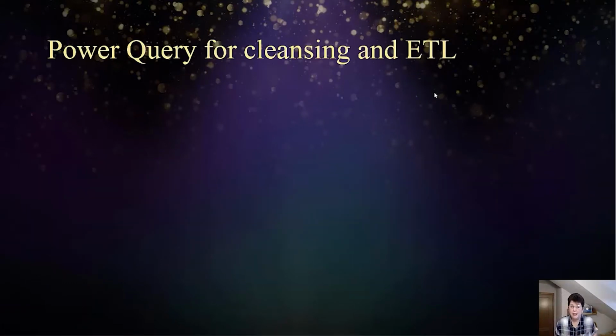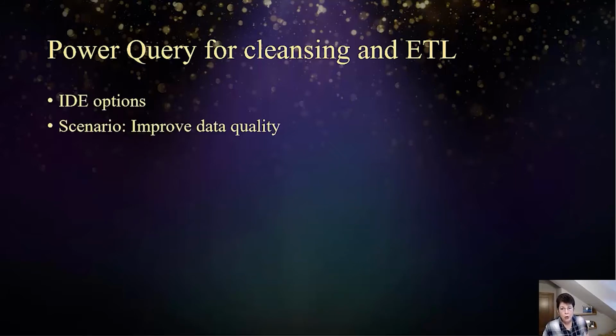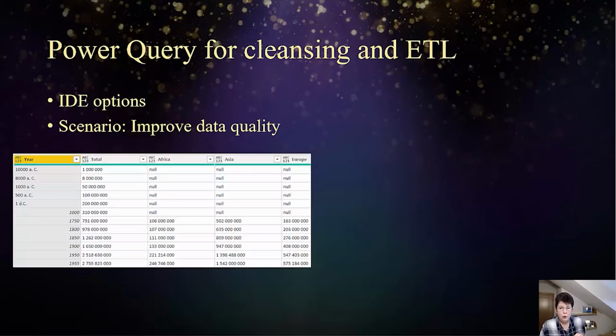So that means using Power Query, just with options integrated in the IDE, for a lot of scenarios where we need to improve data quality, we don't need to do any coding actions.